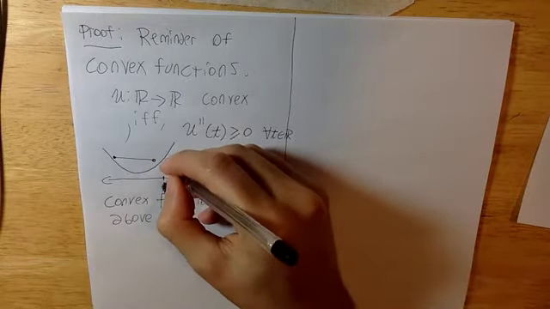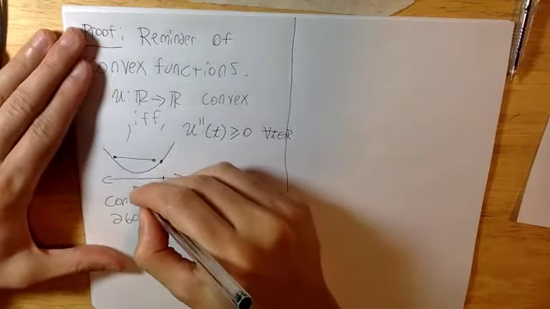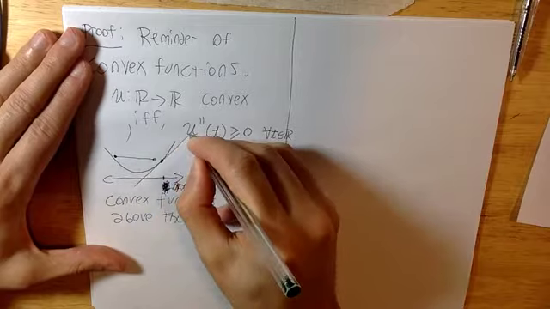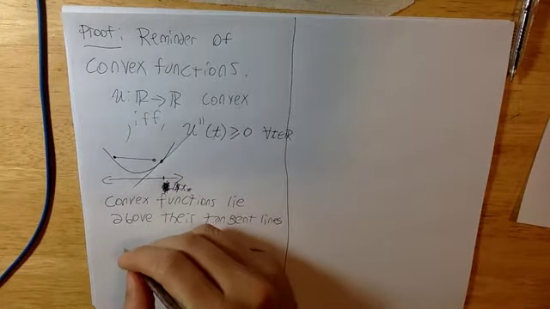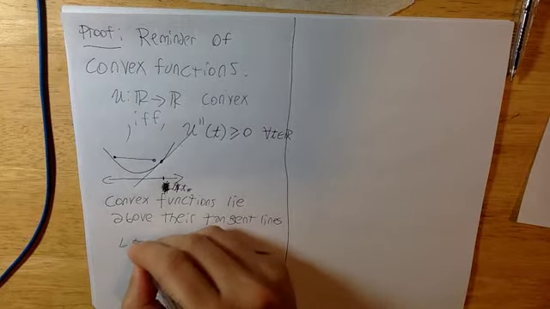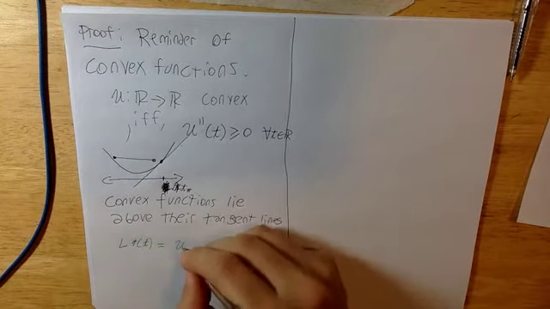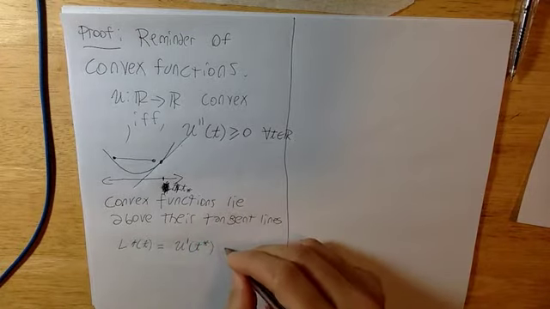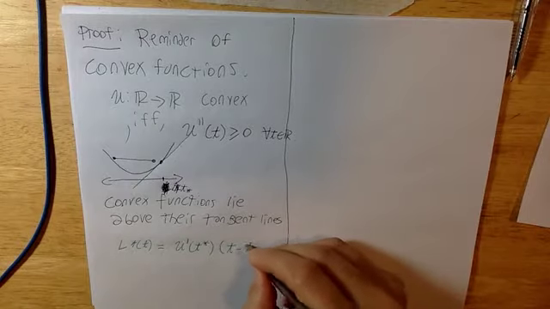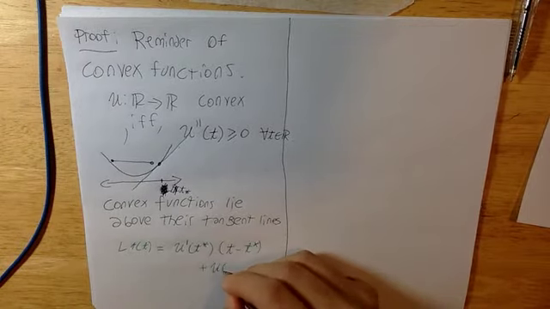So at t star, here we consider the tangent line. Okay, so this green thing, the line at t, is going to be equal to u prime at t star times t minus t star plus u of t star.